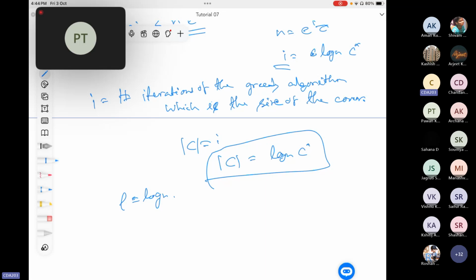Nevertheless, the main thing I wanted to make sure is that you have understood the set cover problem. There is no doubt in the set cover problem and the greedy algorithm that we have discussed, I think.